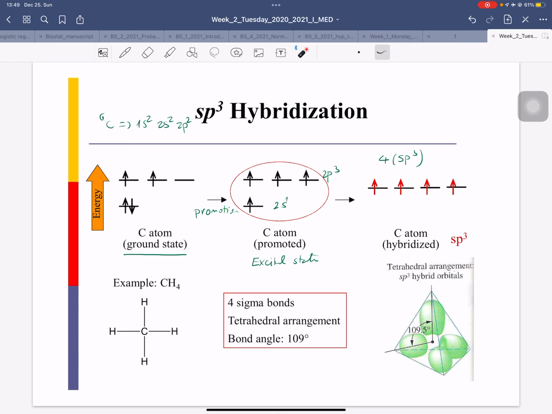Okay, with these 4 sp3 we can produce 4 sigma bonds. Okay, then all of the bonds will be single bonds. And as I mentioned, the shape is tetrahedral and the bond angle is 109.5.